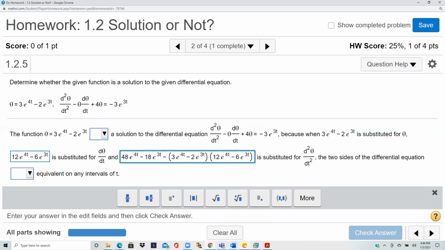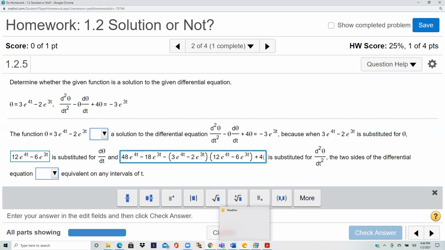And then we have plus 4 theta. Plus 4 times, and again we write the theta, that's 3e^4t minus 2e^3t.